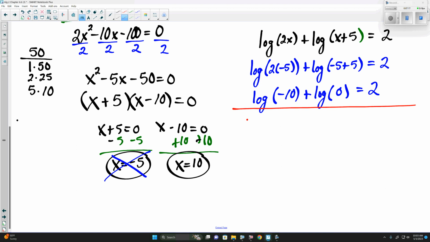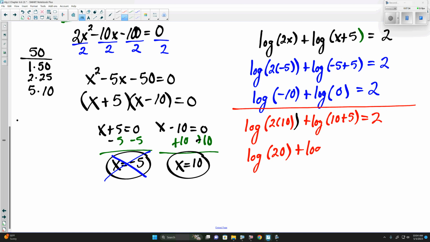Anyways, now we can try this with 10. Log of 2 times 10 plus log of 10 plus 5 is equal to 2. Now that will give us log of 20 plus log of 15 is equal to 2.